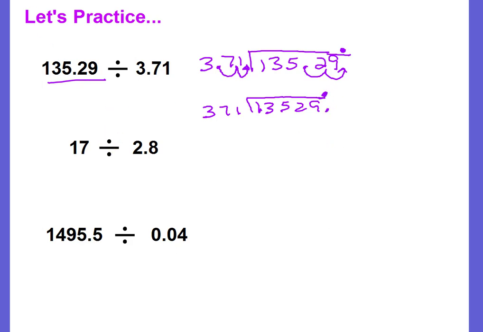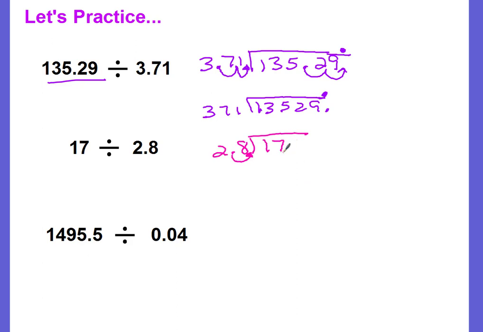Okay, the next one, 17 divided by 2 8/10. All right, same thing. The first number is your dividend. It goes inside the house. The second number is your divisor. It goes outside the house. Is our divisor a decimal number? You always ask yourself that first. Yes, it is. So we need to keep sliding the decimal point until it becomes a whole number, which in this case is just once. Okay, 17 doesn't have a decimal point.